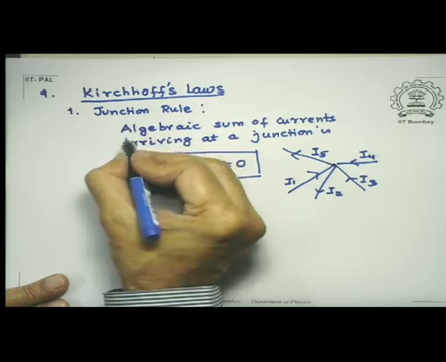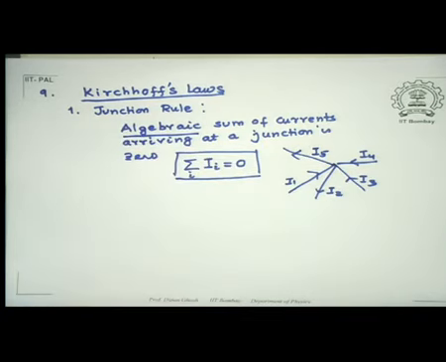Now I use the word algebraic. It's not just I1 plus I2 plus I3 plus I4 plus I5 equal to 0. I have to check, is it going towards the junction or is it going away from the junction.